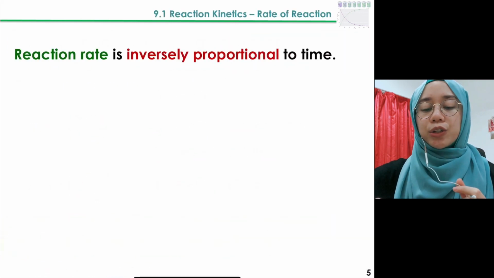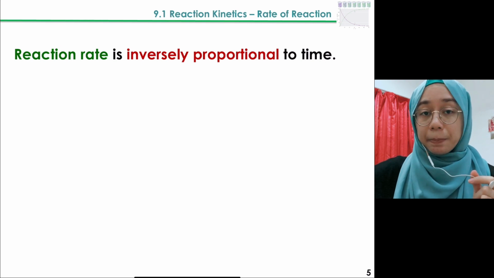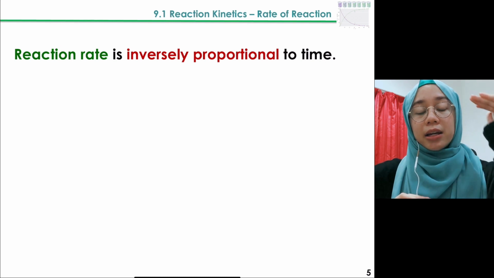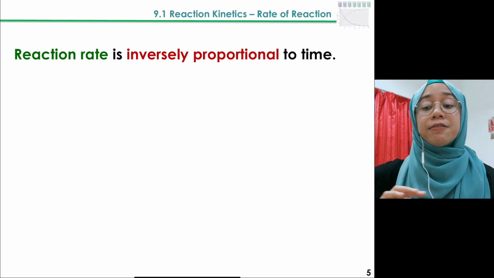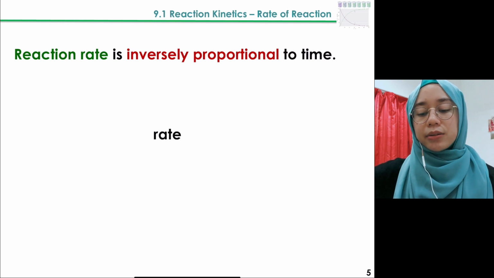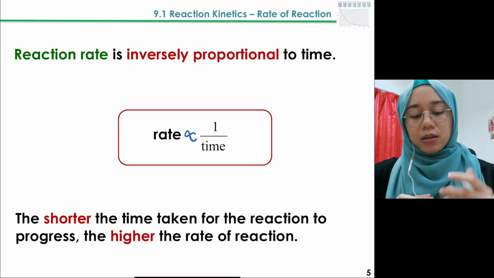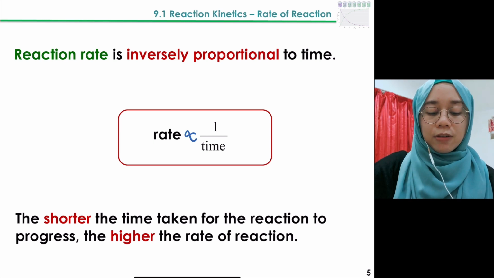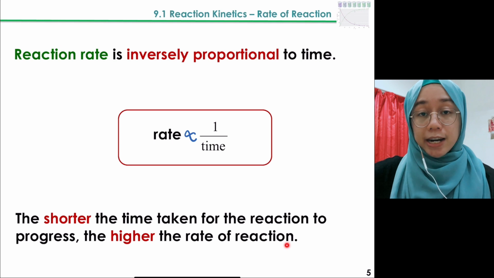Alright, so one thing you should know about reaction rate is it is inversely proportional to time. Okay, because as you can see tadi, concentration over time kan, dengan concentration dia directly proportional, tapi dengan time it is inversely proportional. So basically, bermaksud dekat sini, since they're inversely proportional, therefore the shorter the time taken for the reaction to progress, meaning the higher the rate of reaction.